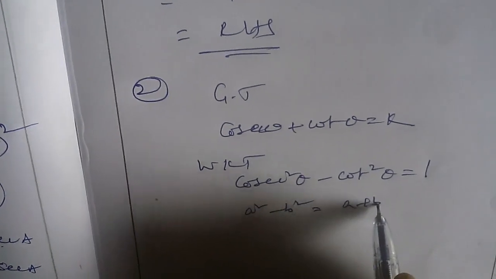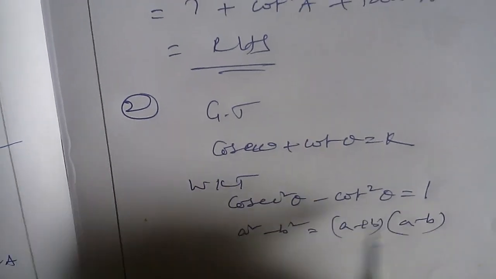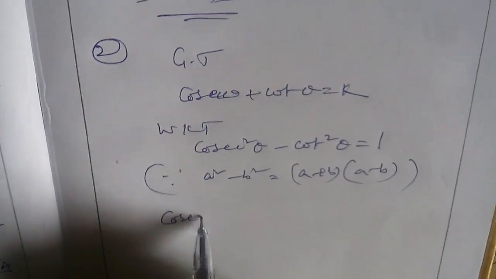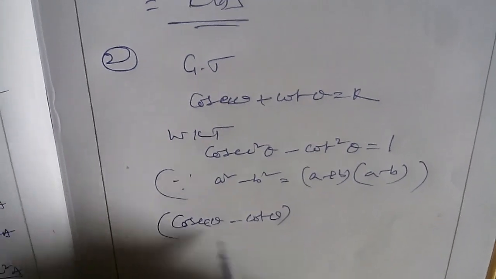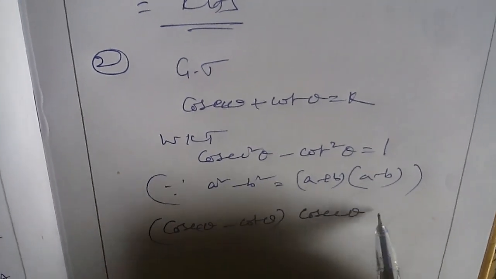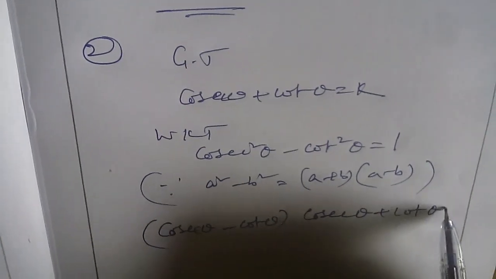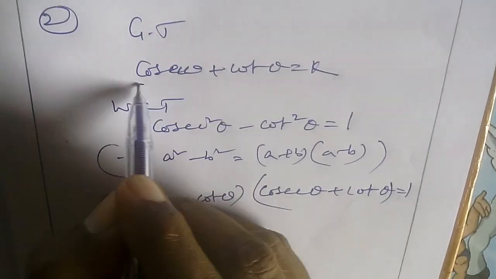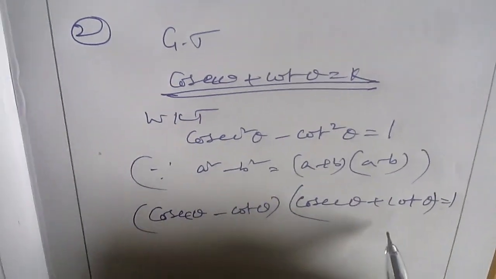We can write (a + b)(a - b). So we can write (cosec theta minus cot theta) into (cosec theta plus cot theta) is equal to 1. So we have already been given that cosec theta plus cot theta is equal to k.